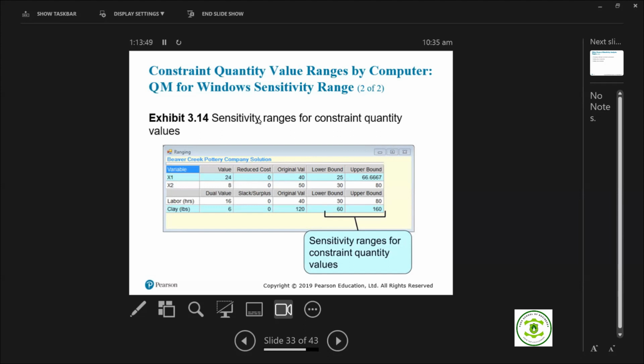Now, if you come to the sensitivity range for the other variable, remember that I already told you, when you interpret X1, you have to do the same for X2. Don't interpret X1 and then forget X2.